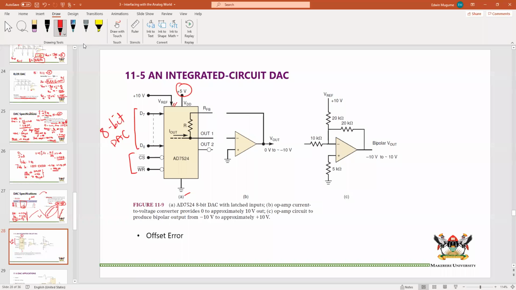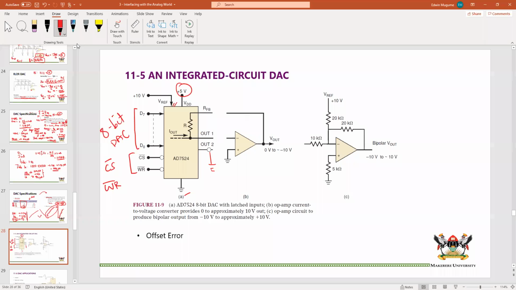You have these two inputs: CS, we call it chip select, and you can see that it is active low, and write is also active low. And we see that we have a current output. So this one uses a current output, but out here, usually this is connected to ground, and you have out 1.